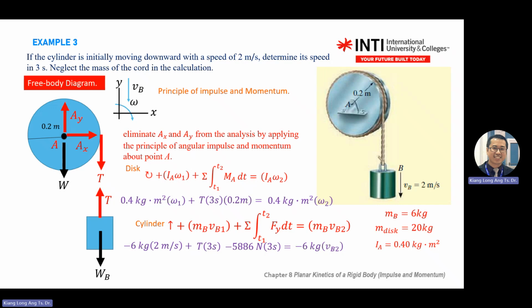If I see this one, then my FT will be this one, forces go up positive. W goes down, W is 5886, right? Correct. W is mg, right? The weight is 6 kilogram, right? Is it correct?